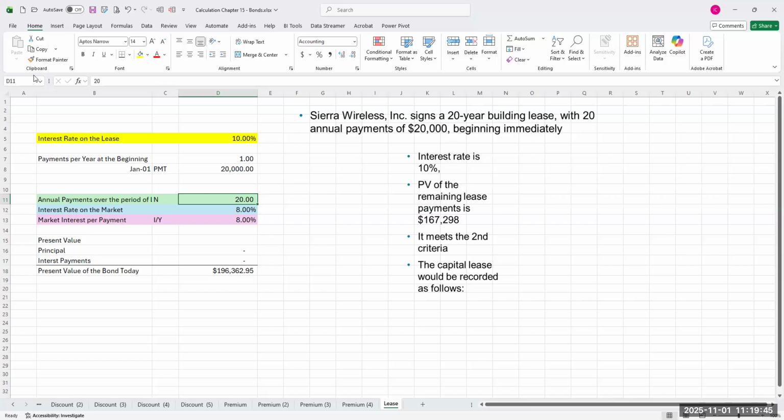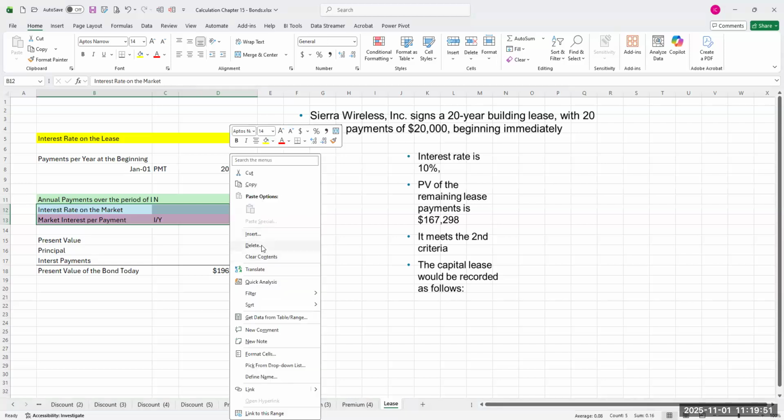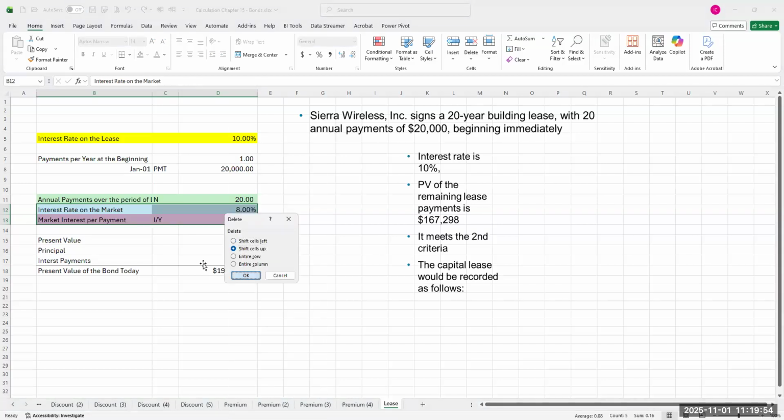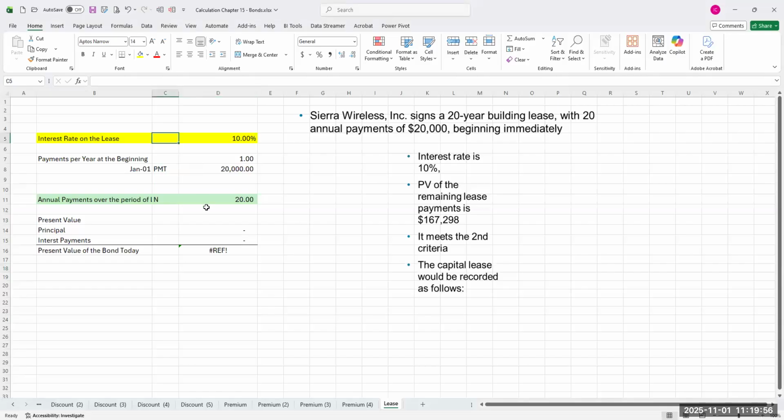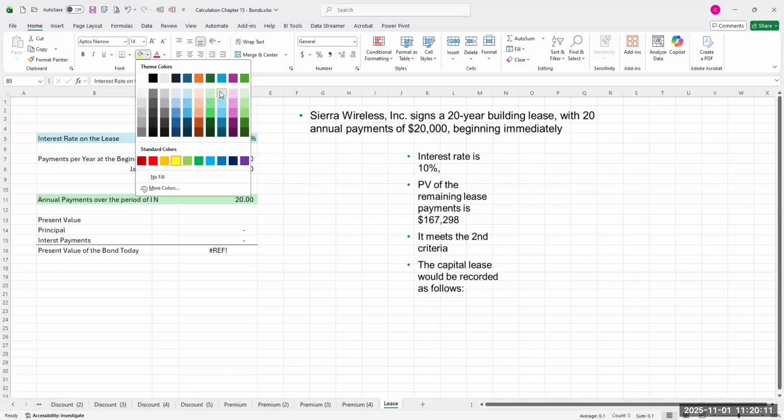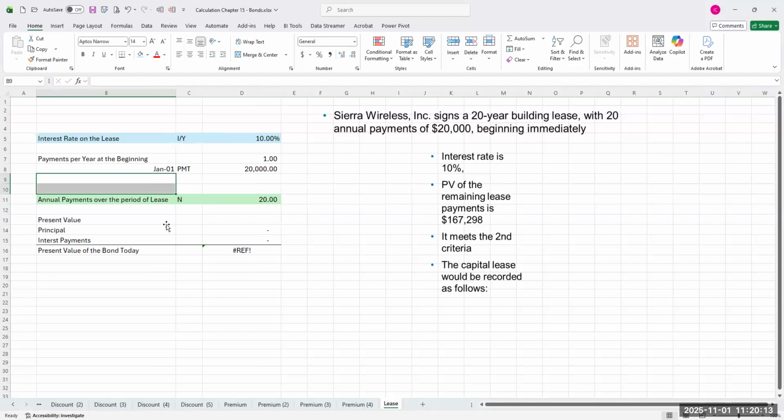20-year, 20 annual payments. Interest, we have it. Those two lines are useless for us. We don't need this one. That will be our I slash Y. Let's make this one a different color, more like blue, green, and this one like this, and this one like that.